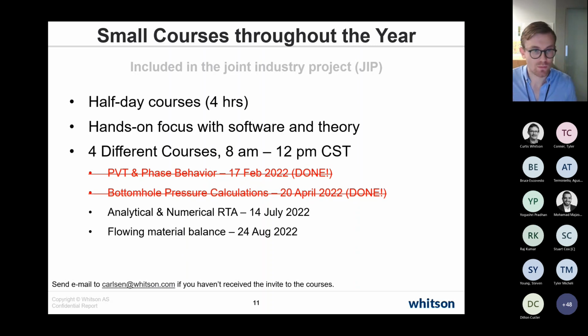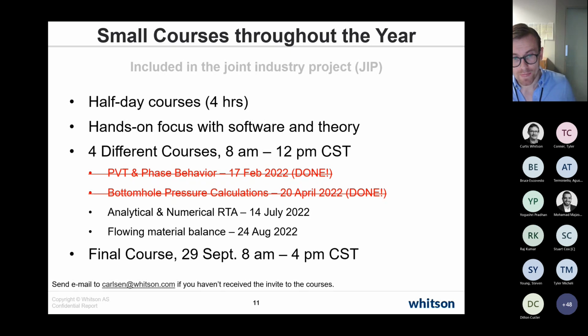So then we assume our PVT is correct and our bottom hole pressure is correct, and we're going to focus on analytical and numerical RTA, and also probably some fractional RTA pieces, which, from an analytical standpoint, we've included in Watson Plus in the release now on Friday. And then there's one on purely multi-phase flow material balance in August. That'll be exciting. And there's also a final course as a part of the project wrap-up at the end of September.